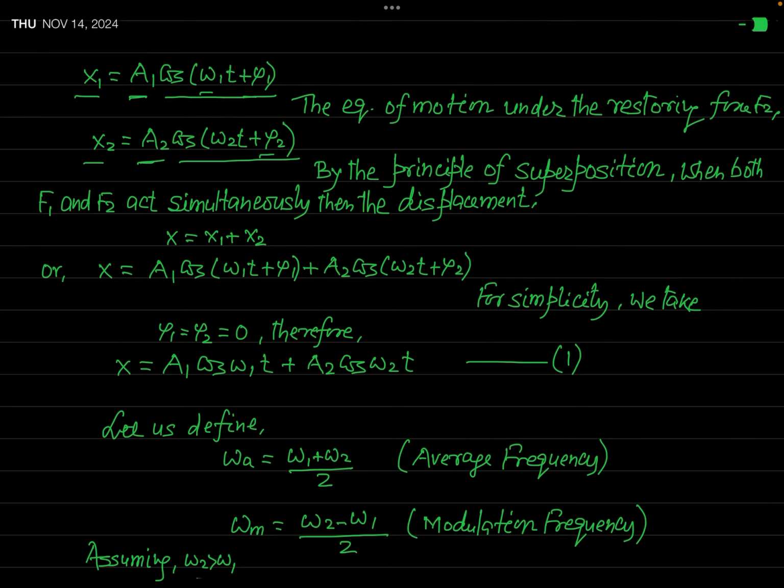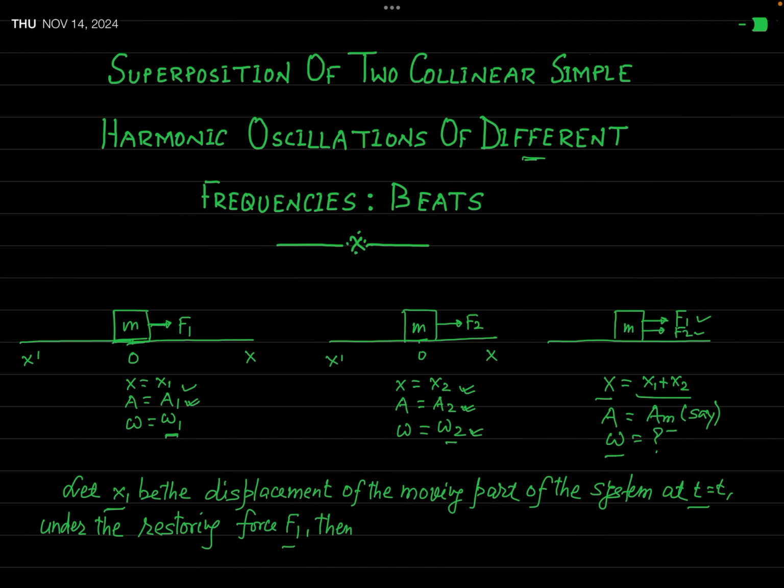But our prime aim is to discuss the problem when both of these oscillations get superposed. For this you can see the situation in this third figure, where I have shown that both of the restoring forces F1 and F2 act on this oscillator simultaneously.